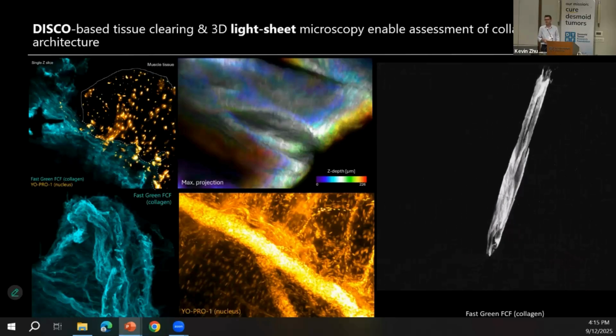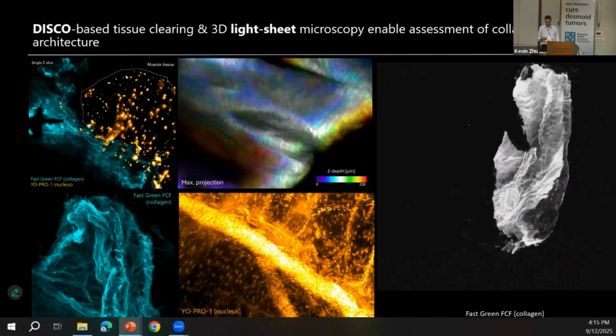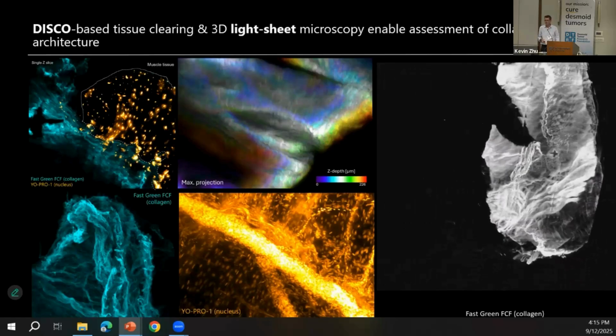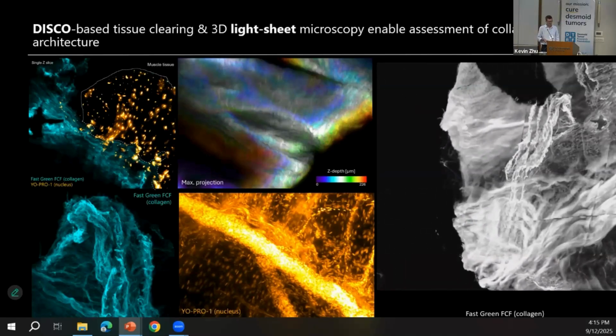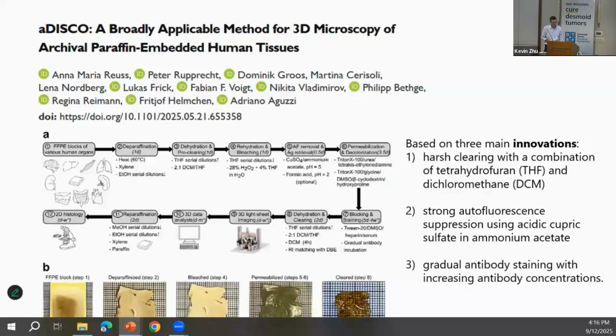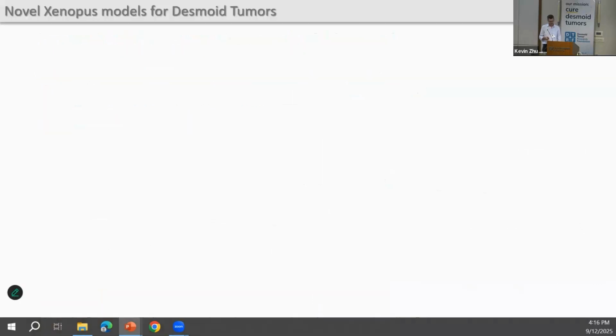And of course, what we want to do now is also map on these samples the immune cell populations to see how they are localized, how they behave on, for instance, tazemetostat treatment and so on. Something of interest is shown here. This is a recent bioRxiv, so it's not peer-reviewed, but a paper that shows that this light sheet imaging can also be done on archived material, so also on archived human material, which may be of interest.